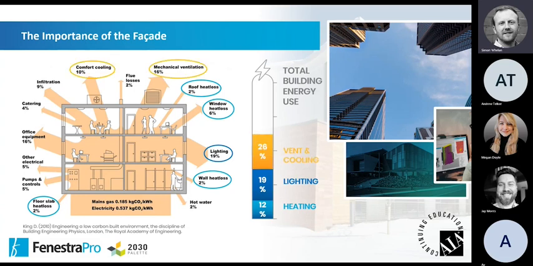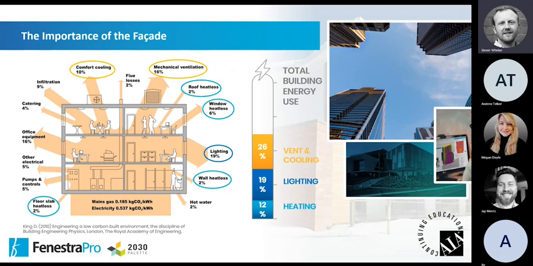And then lastly, and quite significantly, ventilation and cooling accounts for 26% of the building's energy use. So we're looking at cooling and mechanical ventilation. These active systems are costing more from an energy point of view than anything else, and I believe that cooling costs more than heating.